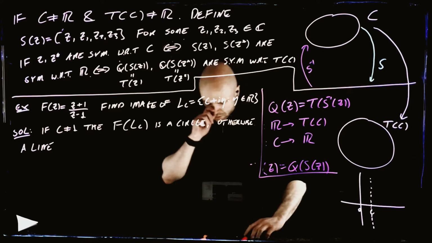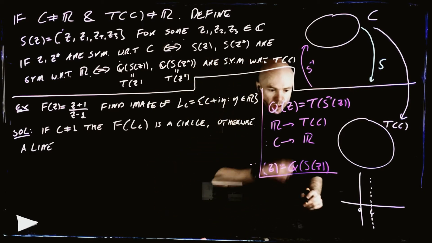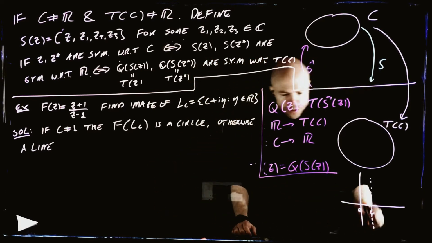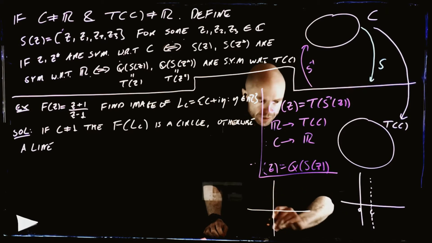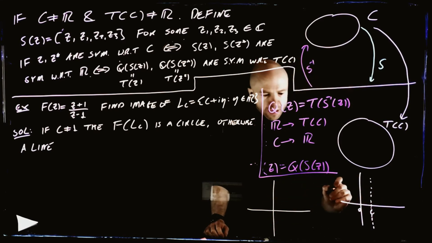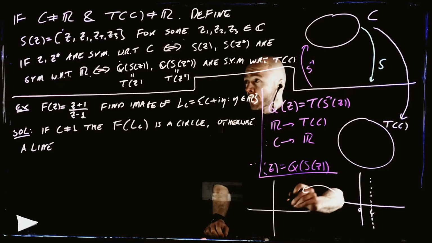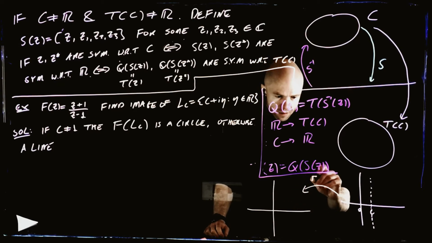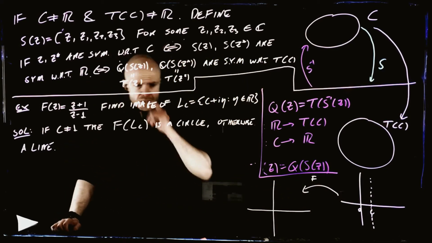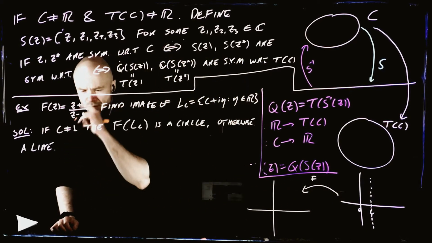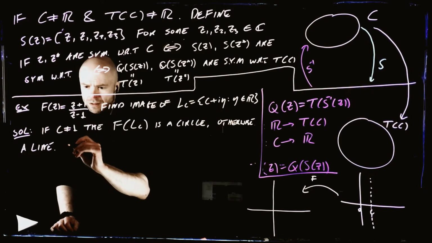Okay, so let's try and figure out the elementary properties of this. So I should have put this on the left-hand side, but okay. This is where we're starting from, and we're mapping it with mapping, we'll call it F, right? And let's consider the case when C is not equal to 1, because this is the harder case to begin with.